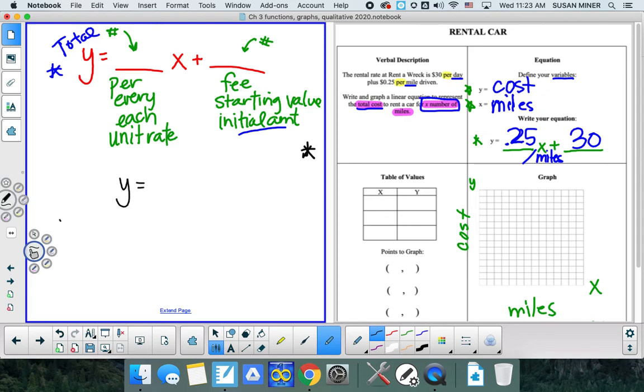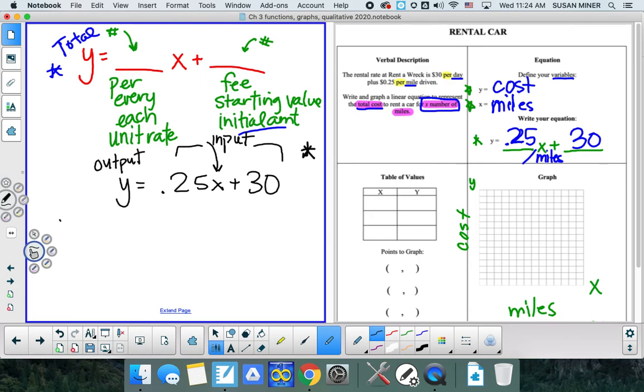Y equals 0.25 X plus 30. There's my equation. Now I've got some space to do some calculating. Remember, X is where my input goes, and then I'm going to calculate this equation with my input in there, and I'm going to get my output over here.